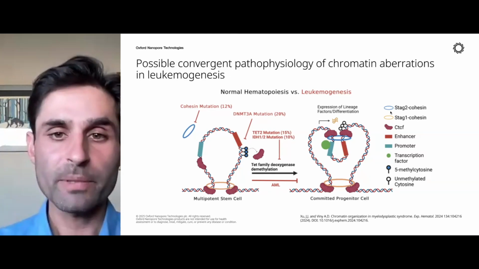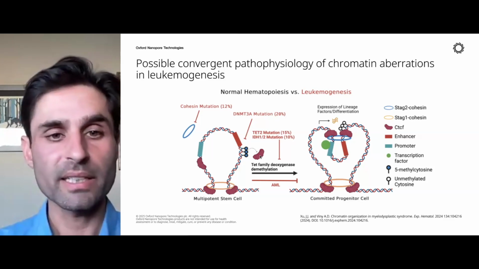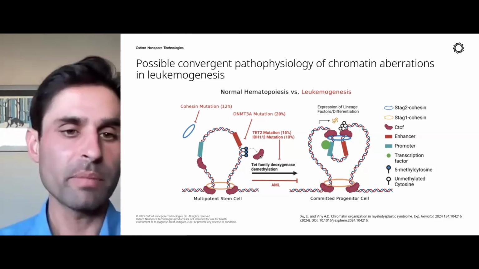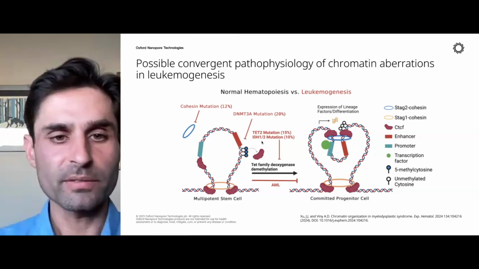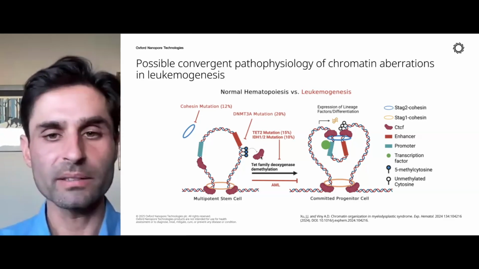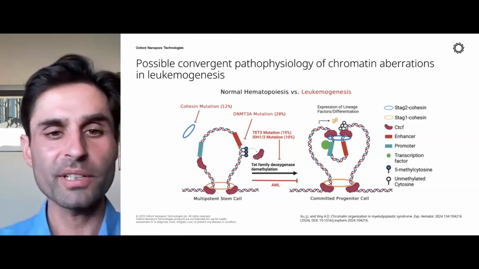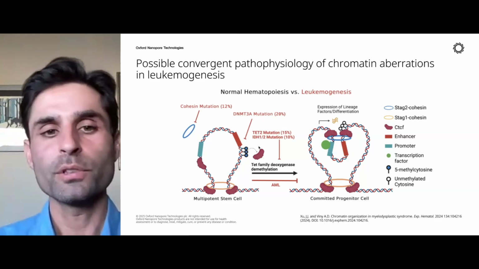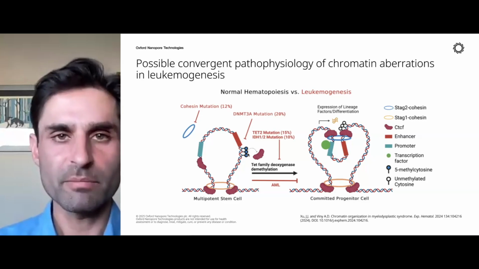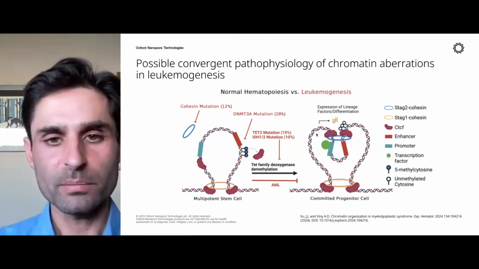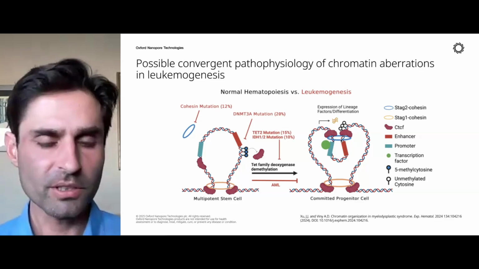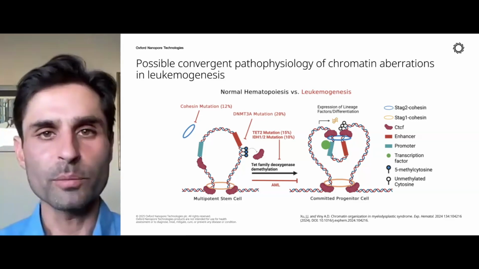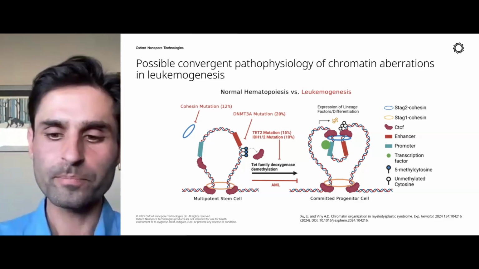And we're going to be looking at what happens to the CTCF binding, which is this sort of kidney-shaped protein in this cartoon here, which is influenced by DNA methylation. So we're going to be looking at DNA methylation at CTCF binding locations when you take this protein out. And this protein, as you can see in the cartoon, is responsible for forming some of these loop structures and stuff like that.